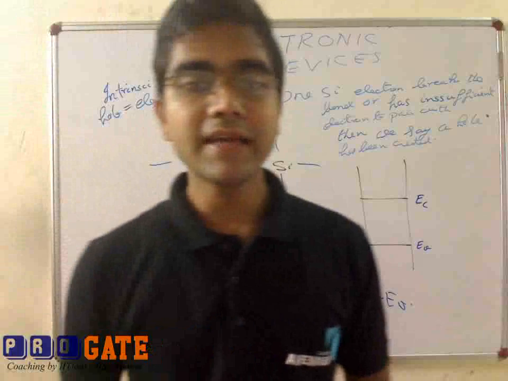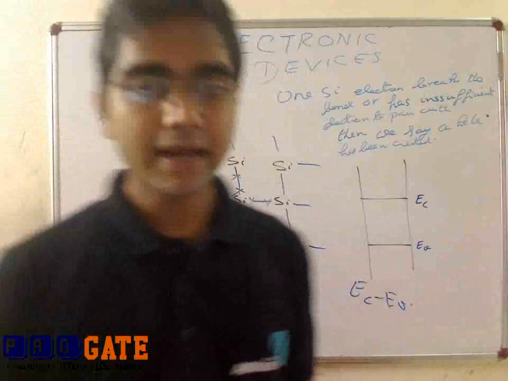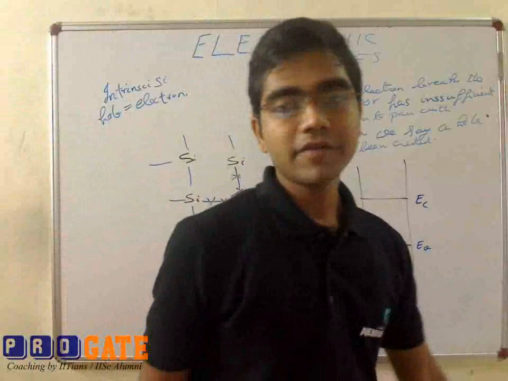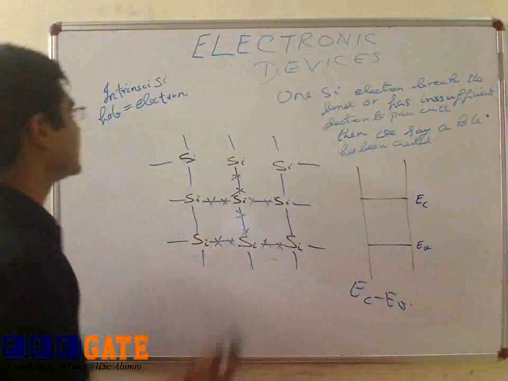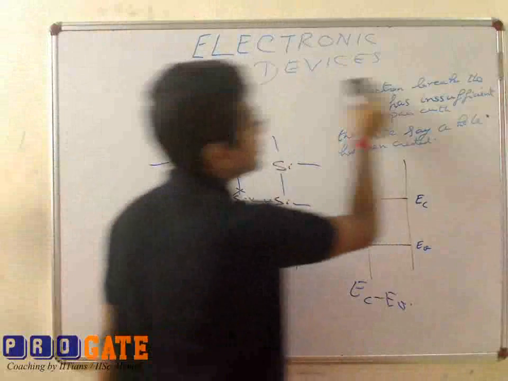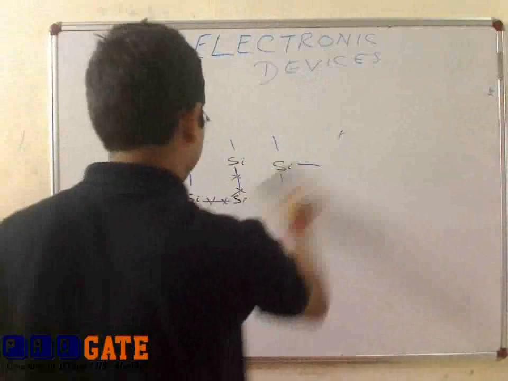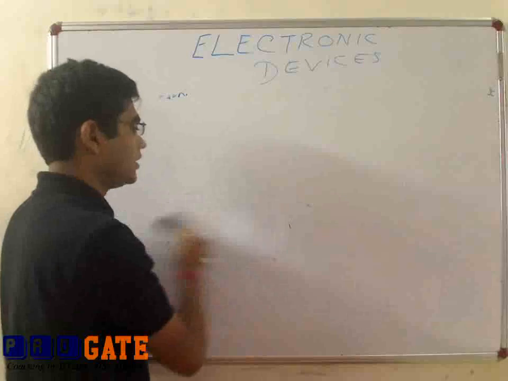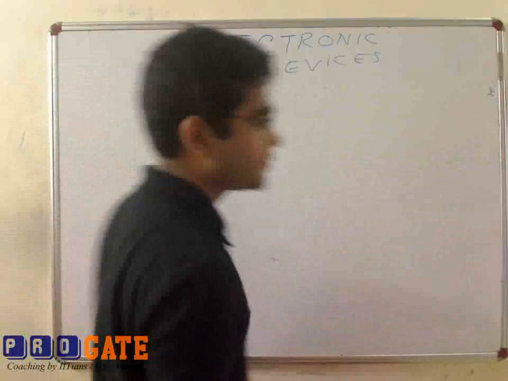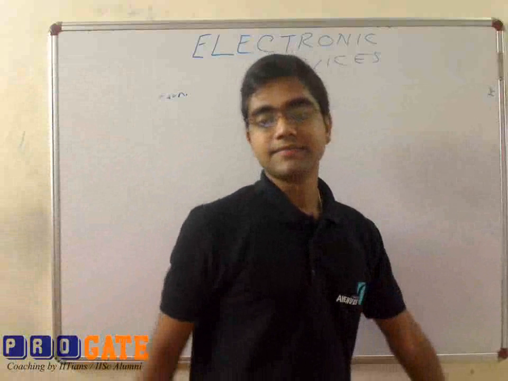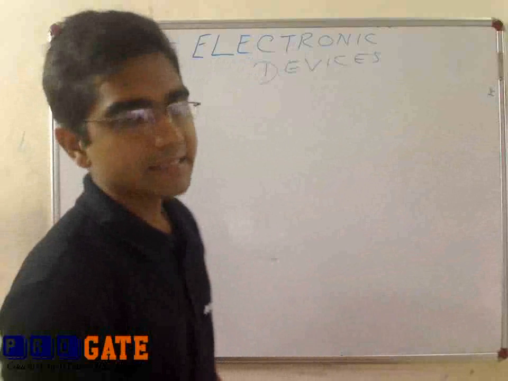Now, how do we define current? Current is defined as the number of electrons or charged particles flowing across a particular cross-sectional area in 1 second. So we can introduce something called current density. What is current density?